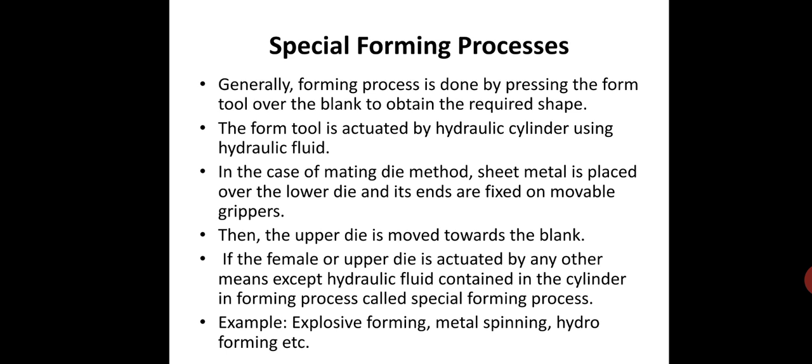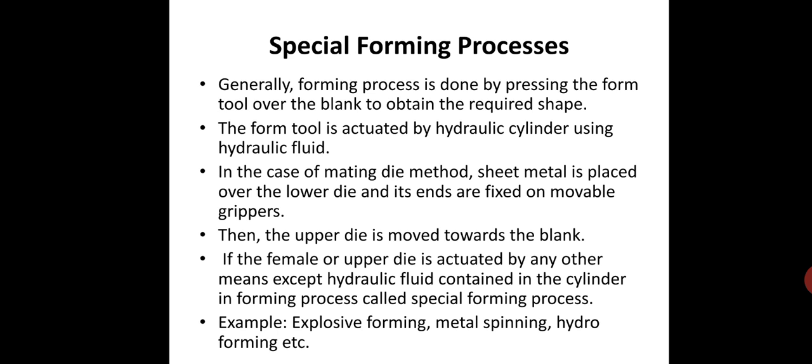Sheet metal is placed over the lower die and its ends are fixed on the movable grippers. Then the upper die is moved towards the blank. The upper die is activated by hydraulic forces or pneumatic forces. This is the forming process, the basic forming process operations.